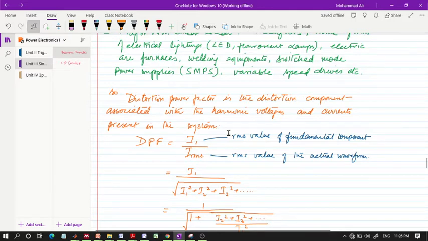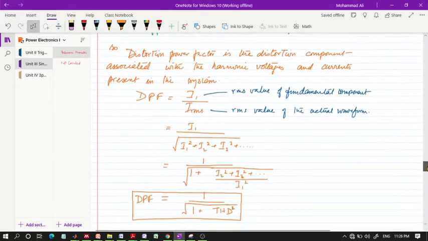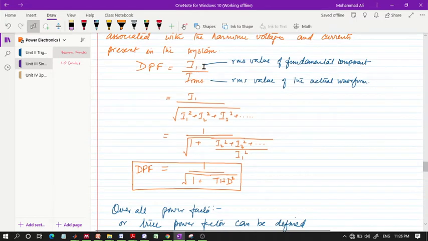Now how can we define this mathematically? Distortion power factor is nothing but the ratio of the RMS value of the fundamental component to the RMS value of the whole actual waveform. Basically, this RMS value of the actual waveform can be measured using a multimeter.